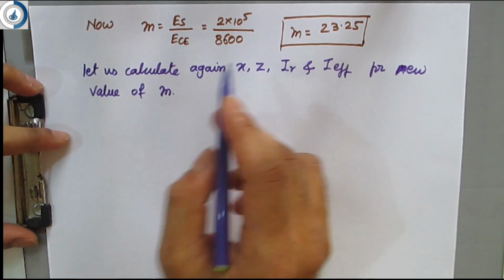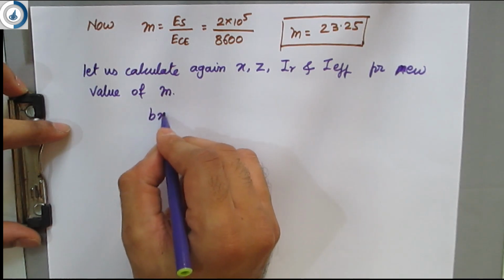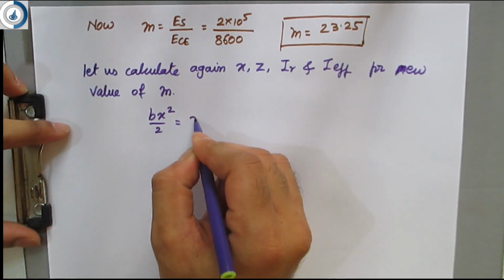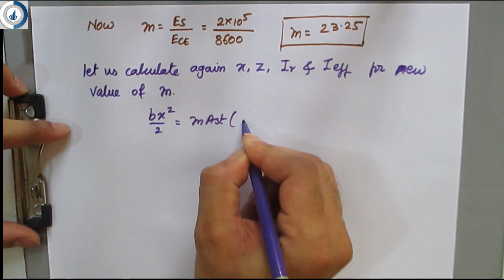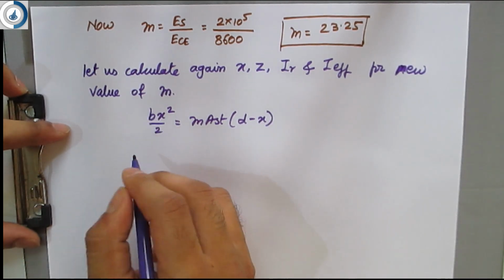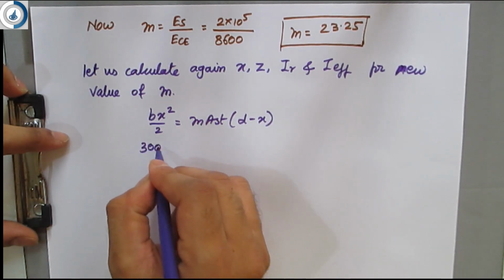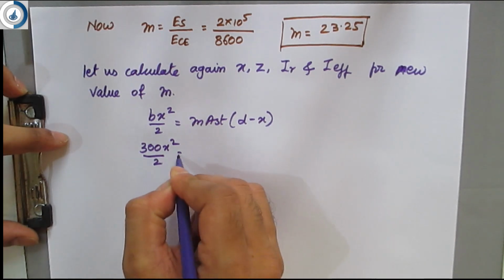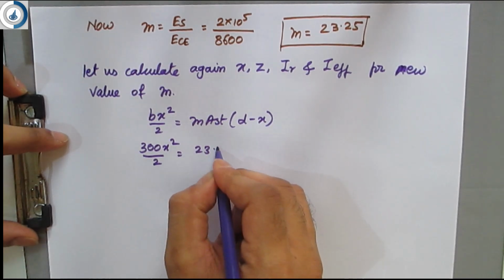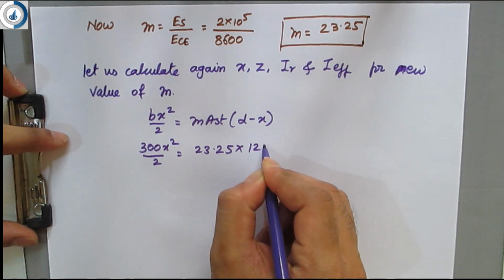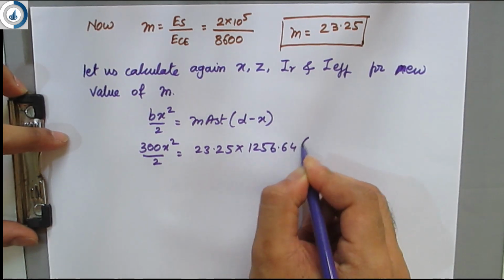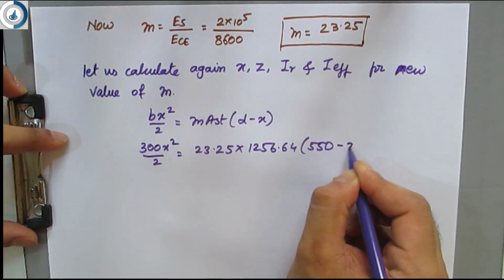So we'll find out X first. The formula is bx square by 2 is equal to M AST into d minus x. B remains the same, 300 x square by 2. M is 23.25. AST remains the same, 1256.64. D is 550 minus x.